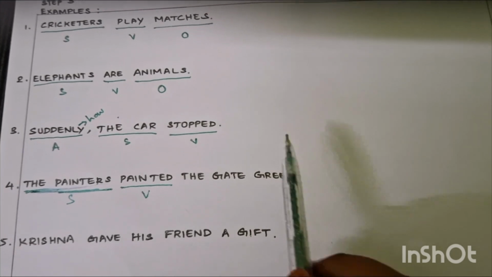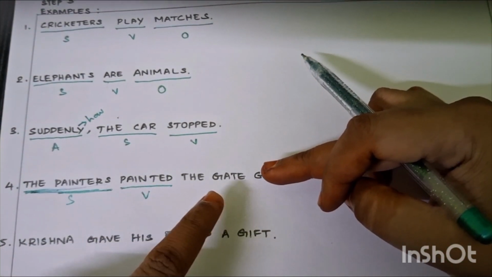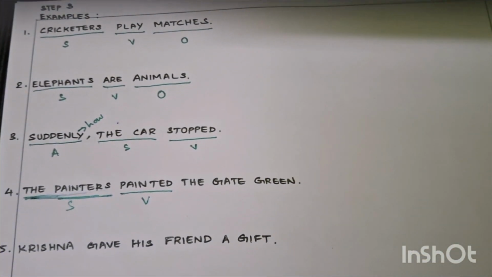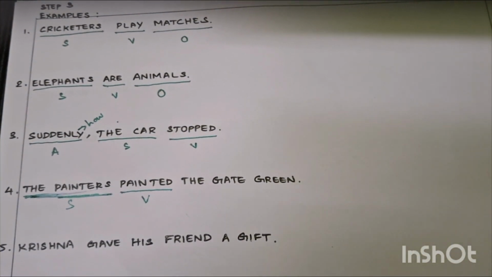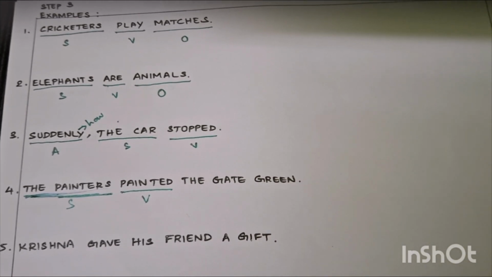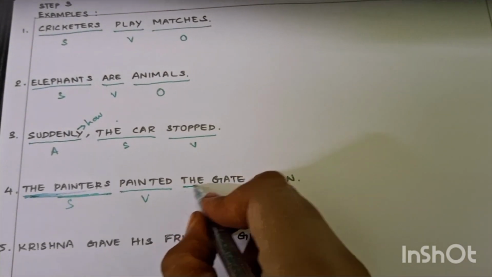And see here, the gate green. The painters painted the gate green. In this sentence, hiding this word green, the painters painted the gate, it seems like an incomplete sentence. It doesn't give the complete meaning, because it simply mentions they painted something. So up to this, the gate is an object.